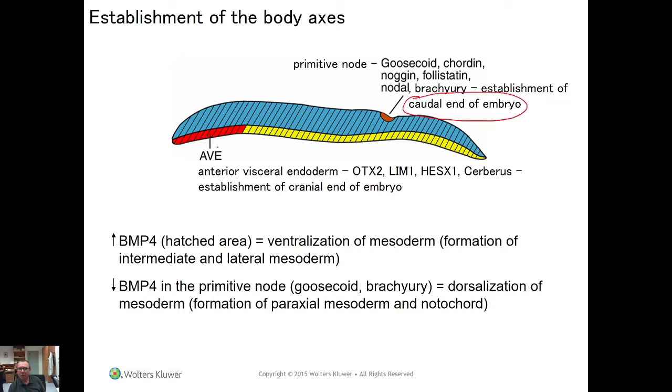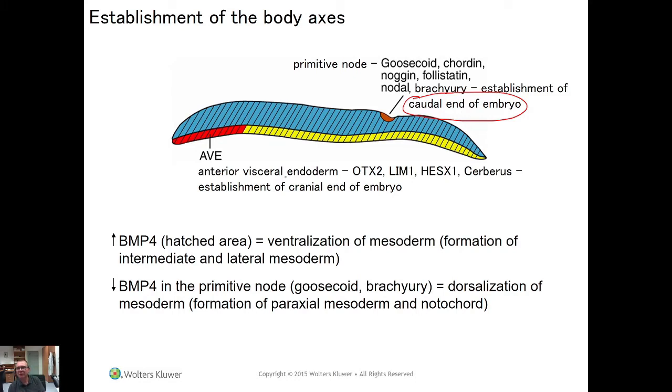Other molecules and other factors are developing here in the cranial end of the embryo, in the area which is called, not very perfectly, anterior visceral endoderm.